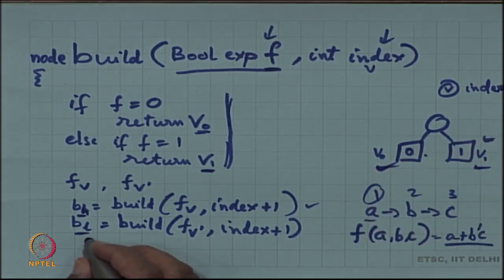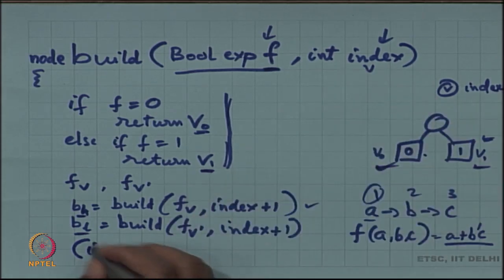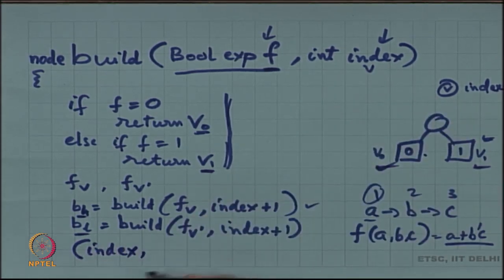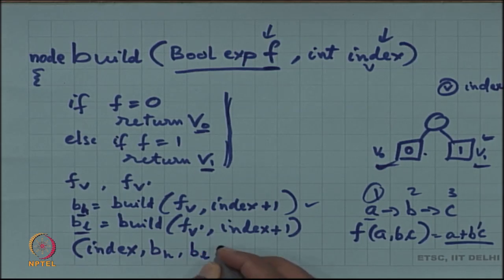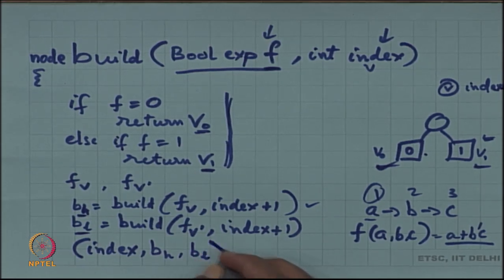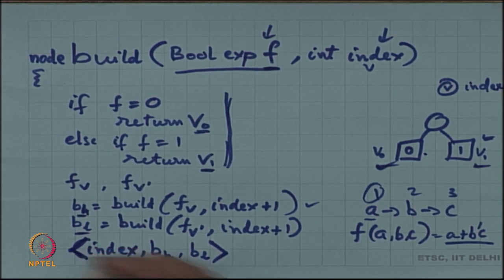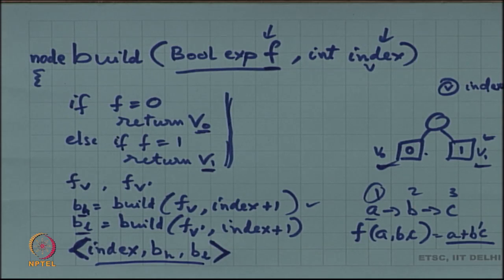So, now I want index, because that is the variable in terms of which I am going to compose my new function, and these two BH and BL, think of this as the tuple that we are searching for in that unique table, right. This is what we are searching for in the hash table.